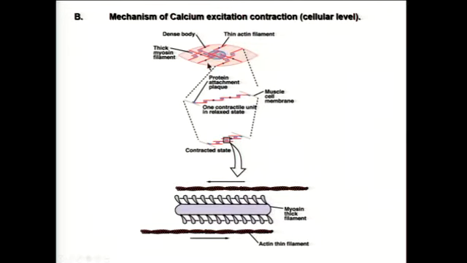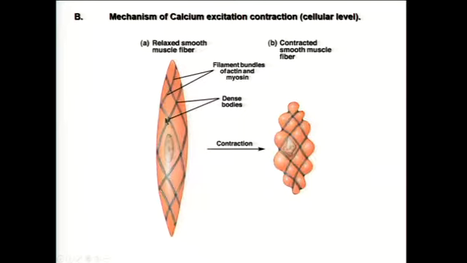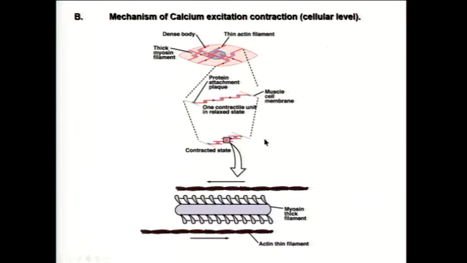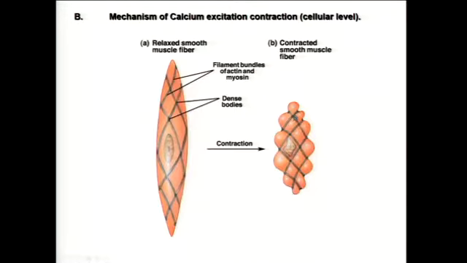So here is our smooth muscle cell that's nice and relaxed, our actin and our myosin. Under the contracted state, when these myosins row themselves across that actin, these will pull together. So here's your relaxed smooth muscle cell, dense bodies and your attachment plaques. When these myosin heads consume ATP and use calcium and row themselves across those actin fibers, since they're attached to the plasma membrane, they'll contract.